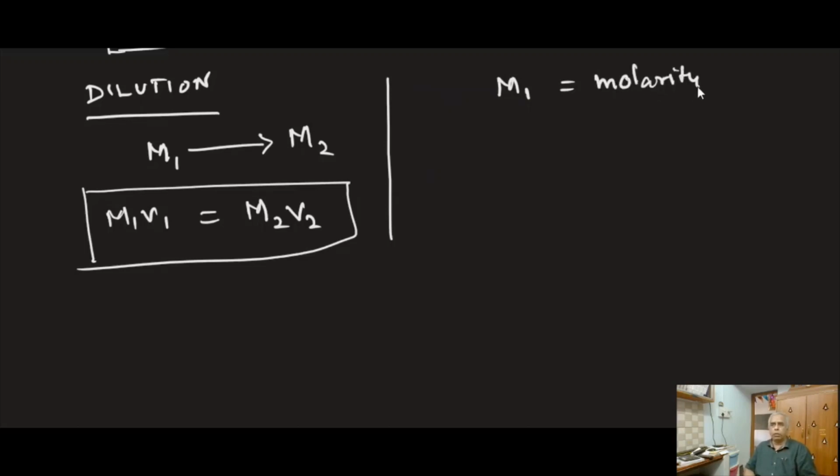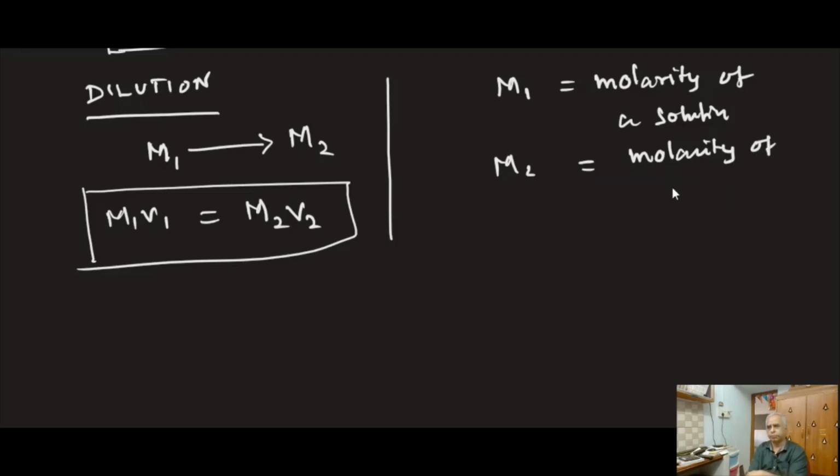Where M1 is the molarity of solution 1 before dilution. Then it has become M2, means molarity changes. So molarity of the solution after dilution. It means molarity of the diluted solution. And V1, V2 are the respective volumes, is it not?